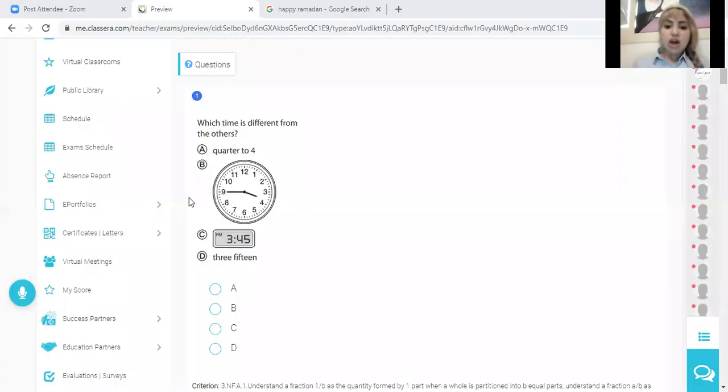So what is the 45 minutes? 45 minutes means that this arm is on the 9. That's 45 minutes. So yes, this is quarter to 4, which equals 3:45. Is it equal to 3:15? No, because 3:15 will be at 3, with both arms like this.